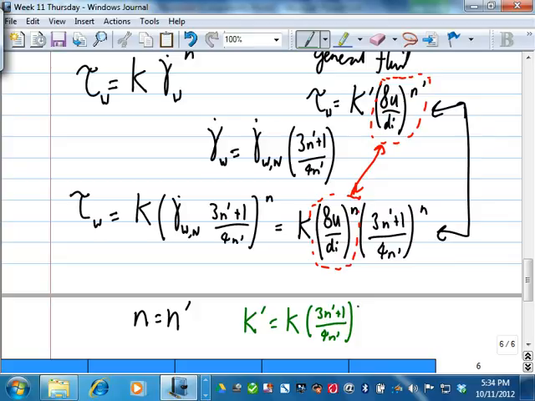Here n and n prime are the same, so up to you. I want to put n prime. That one is the general fluid. So the remaining K prime must be equal to what's remaining here. You can also write K prime is equal to K times 3n plus 1 over 4n to the power n. I can drop the prime, it doesn't matter. It's the same.